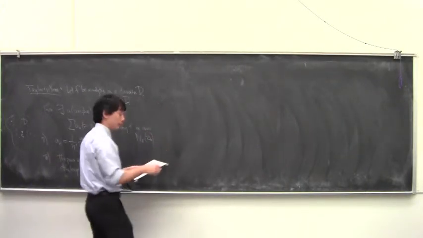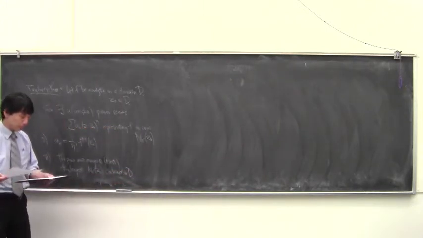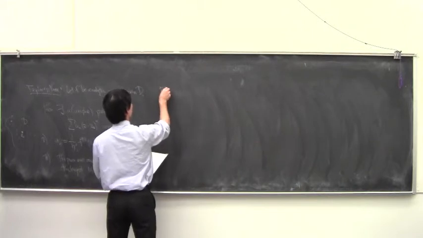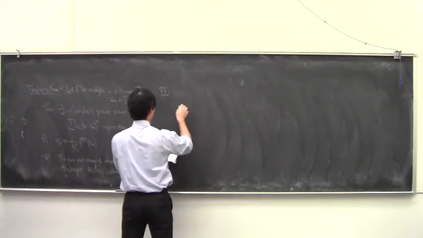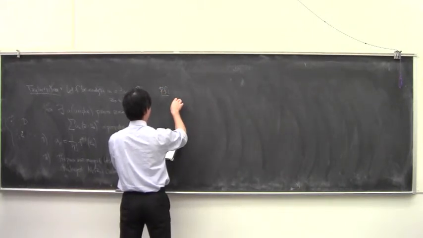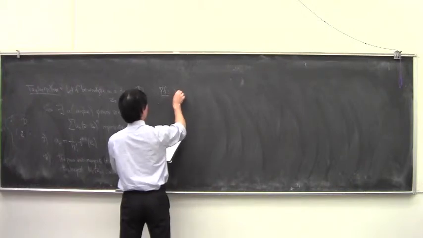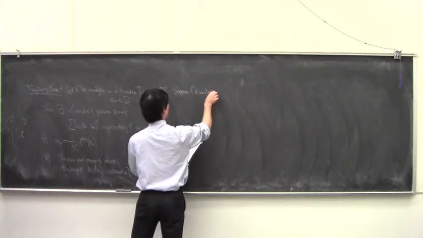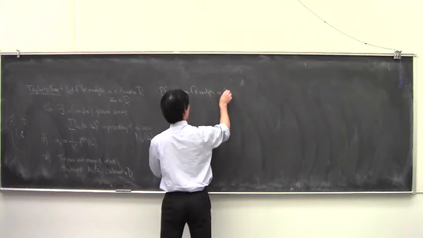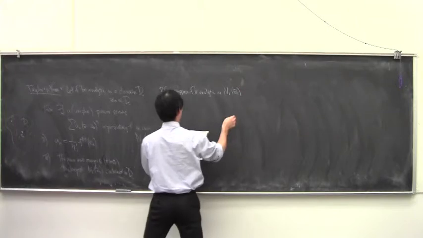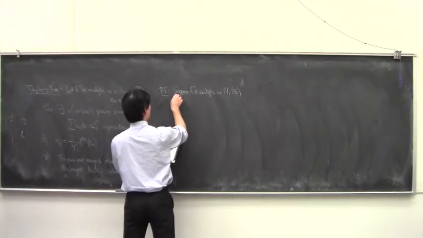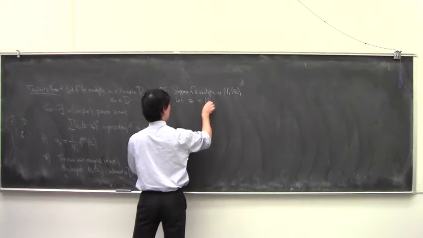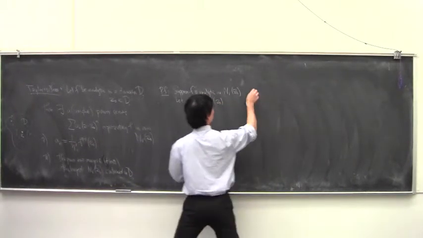Okay. So this will be a consequence mainly of Cauchy's formula. So here we go. Suppose f is analytic like this, and let z be some point in that disk.